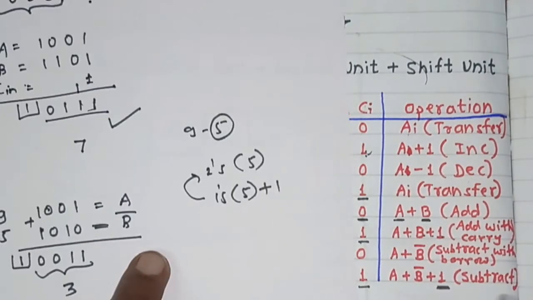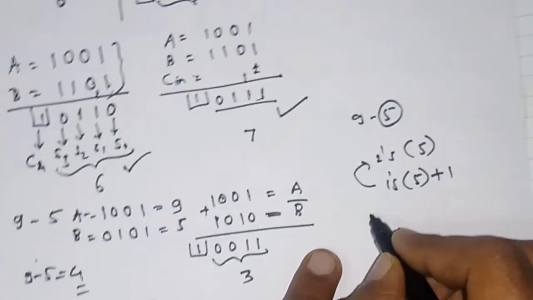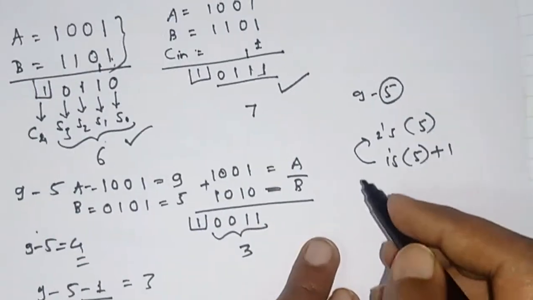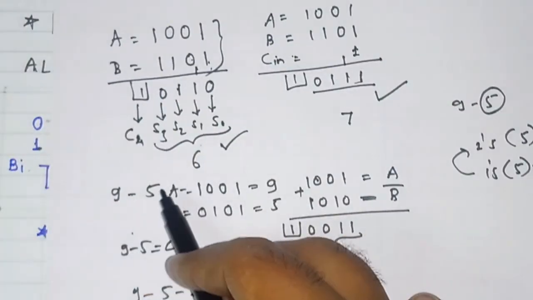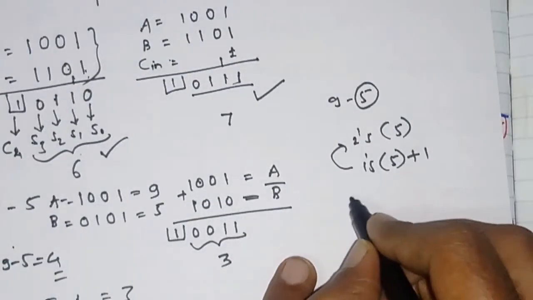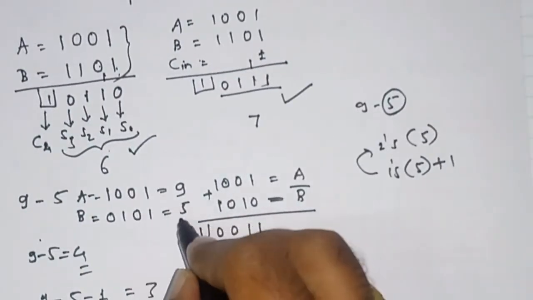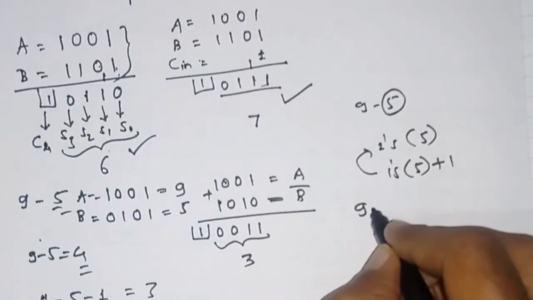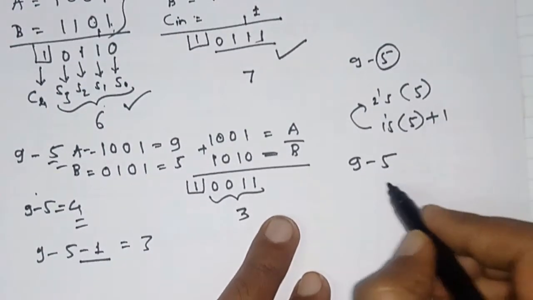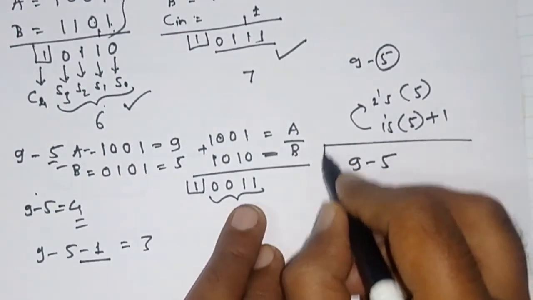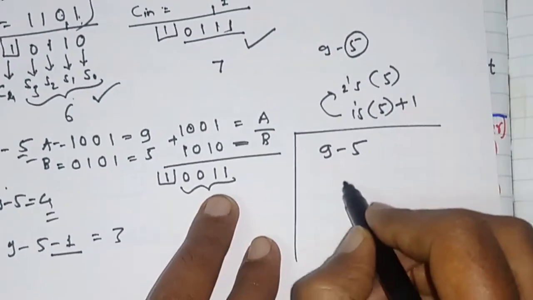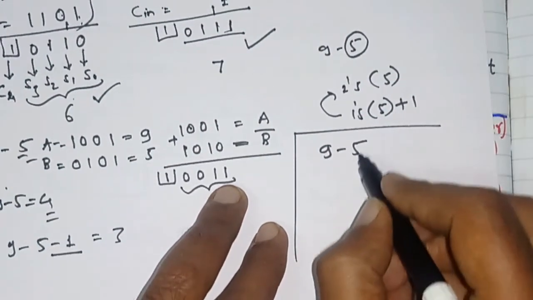Let us see with the help of one example. Consider again we want to perform 9 minus 5. Then how do we do it? We take the 2's complement of 5. First we take the 1's complement of 5.